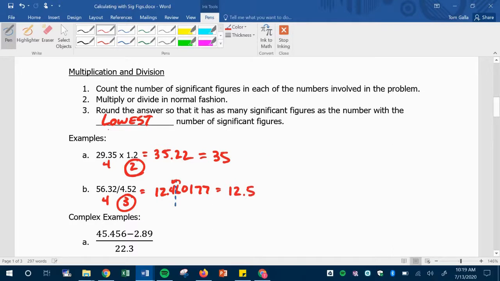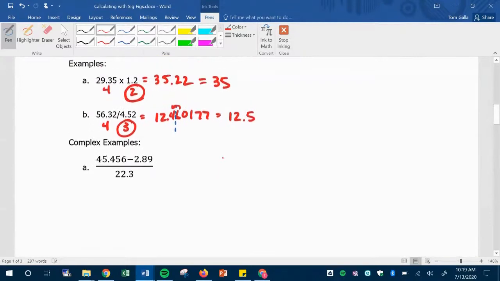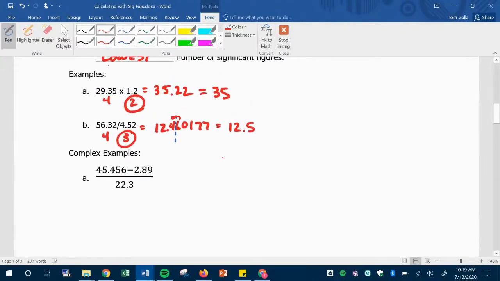All right, and now let's look at just one more example. And this one actually is a little bit more complex because it has subtraction and it has division in it. And so for this, we have to follow our sig fig rules while we're completing the order of operations. So that means our first step, according to the order of operations, is 45.456 minus 2.89.